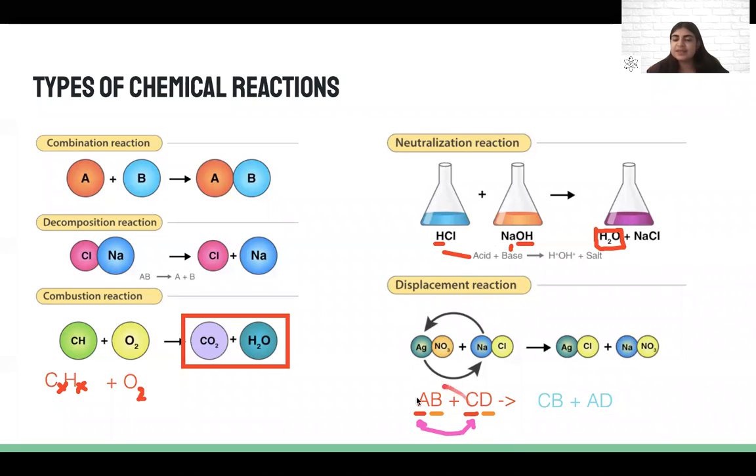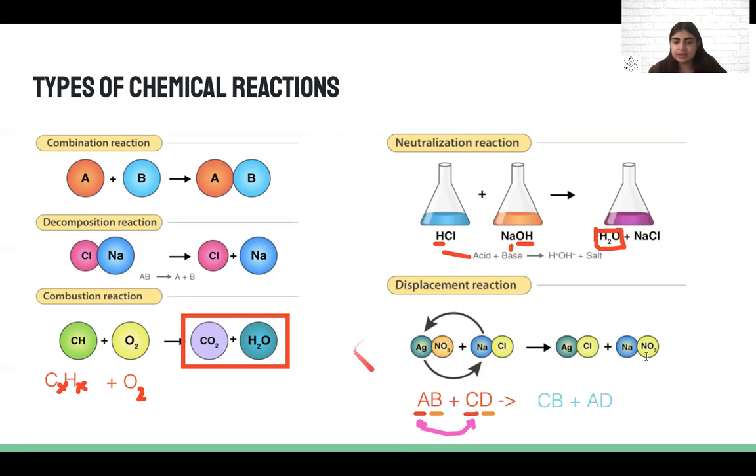So basically what's happening here is this is usually for ionic bonds. And remember how we said that ionic bonds always had a metal and a non-metal? Well, what we're doing is we have to make sure that all of the products have both a metal and a non-metal. So we're switching the metals or switching the non-metals.